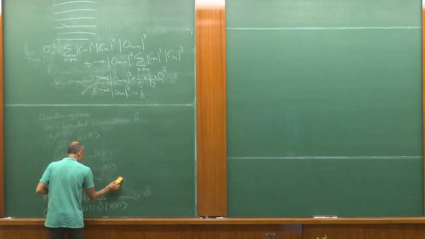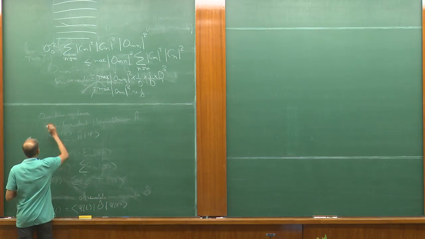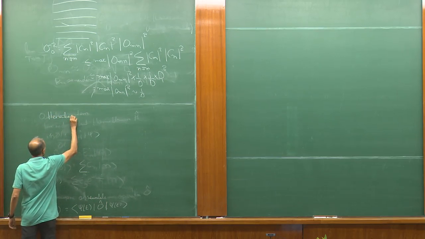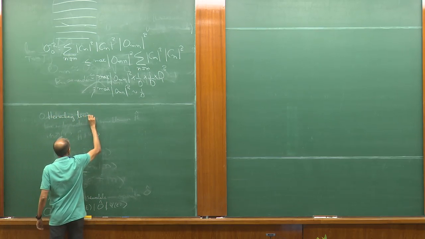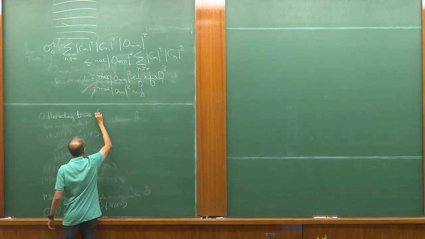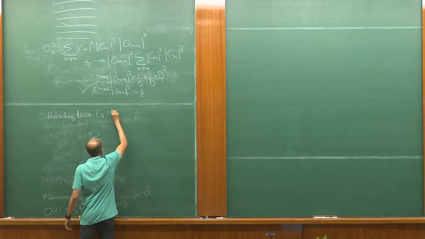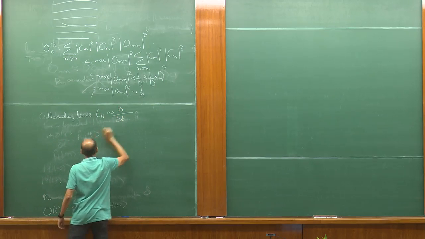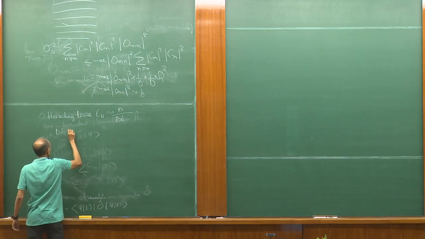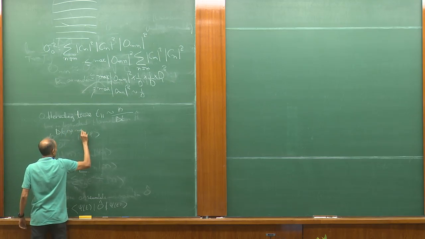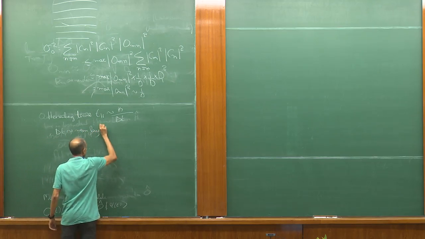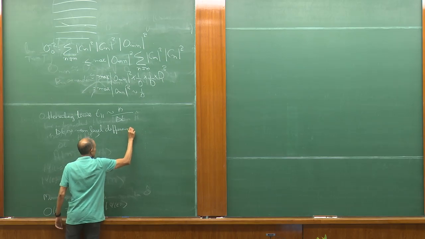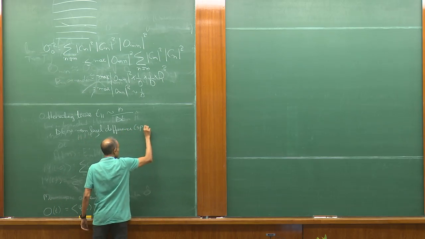So the Heisenberg time T_H is something that goes as, so delta E is like the mean level difference, or also what's called the mean level spacing.